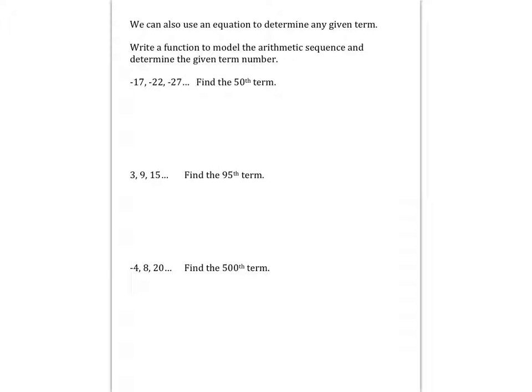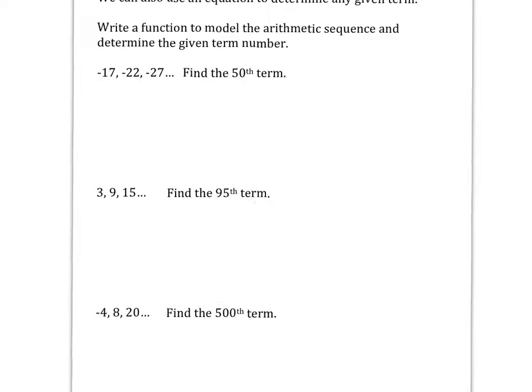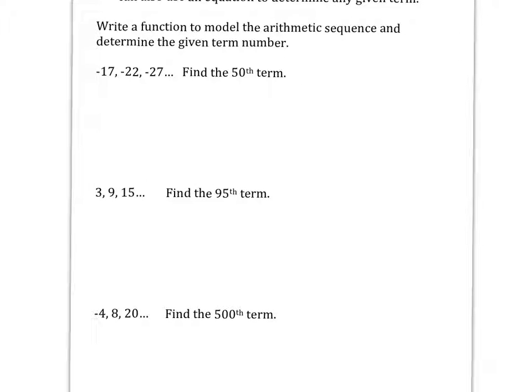We can also use the equation to determine any given term in an arithmetic sequence. So now we'll write a function to model the arithmetic sequence and then determine the given term number. Let's take a look at this example: negative 17, negative 22, negative 27. That common difference is subtracting 5.